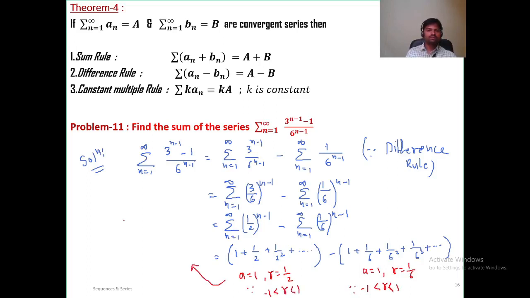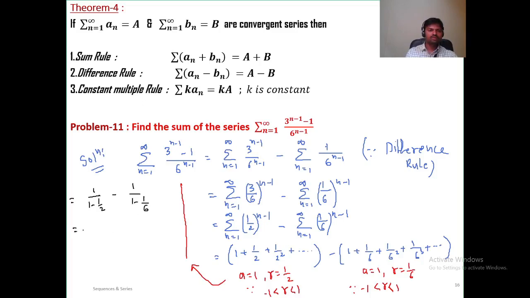So therefore the first series converges to a by 1 minus r, so a means 1 by 1 minus half, minus, and the second series converges to a by 1 minus r, so a means 1 by 1 minus 1 upon 6.